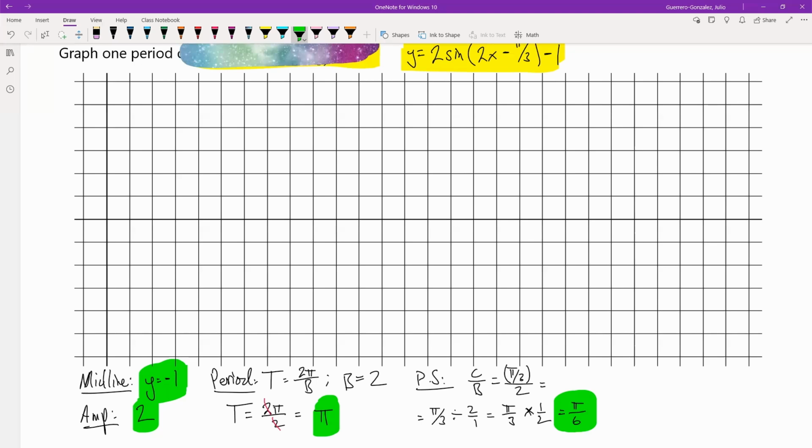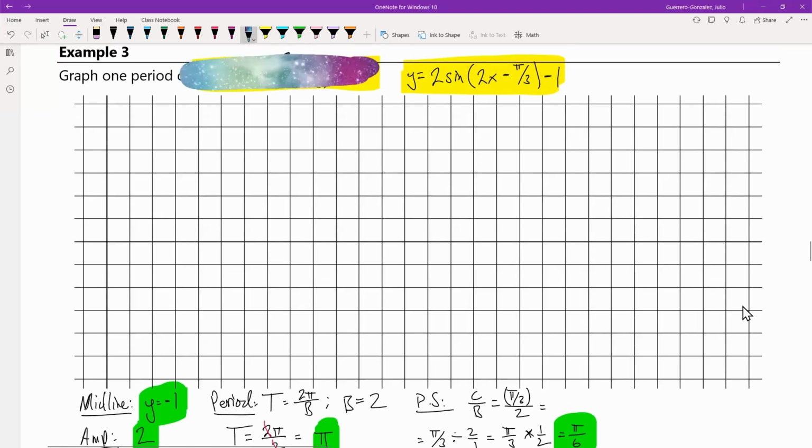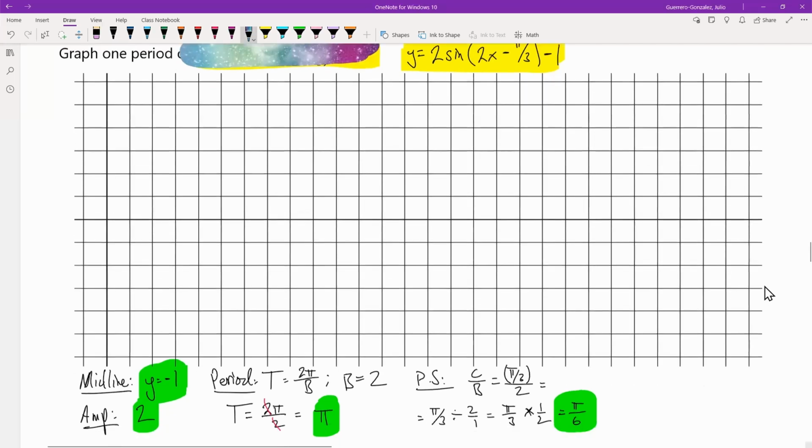So looking at our phase shift, we know that we have to move it pi over 6. And notice, let me scroll up, that sign is negative. So we have to move it in the positive direction. So our phase shift is pi over 6, in the positive direction. So that means our graph starts at pi over 6.